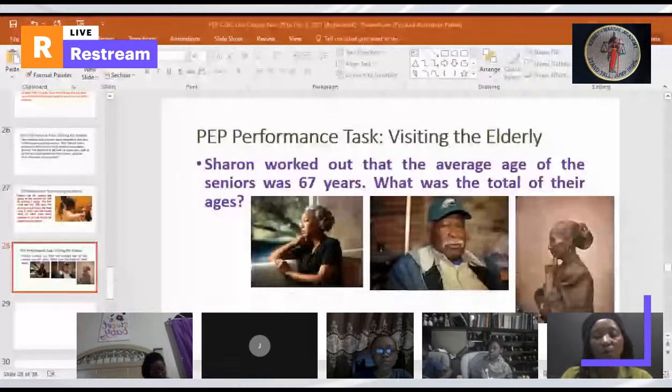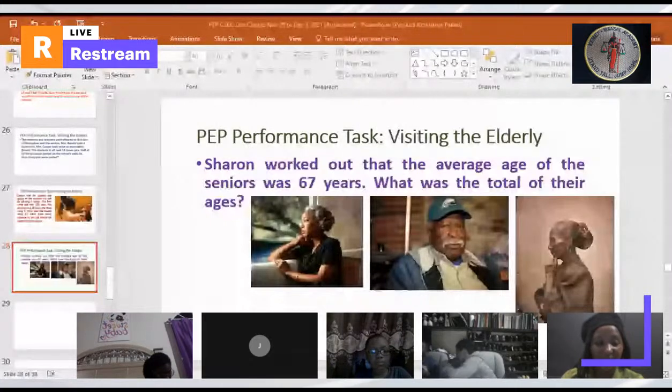So when you know the average of anything and you know how many things there are, to get the total, you multiply the average by the number of things. So we were told the average age is 67 years. Antoine agrees with everyone. Okay, that's a great idea, because we are right.